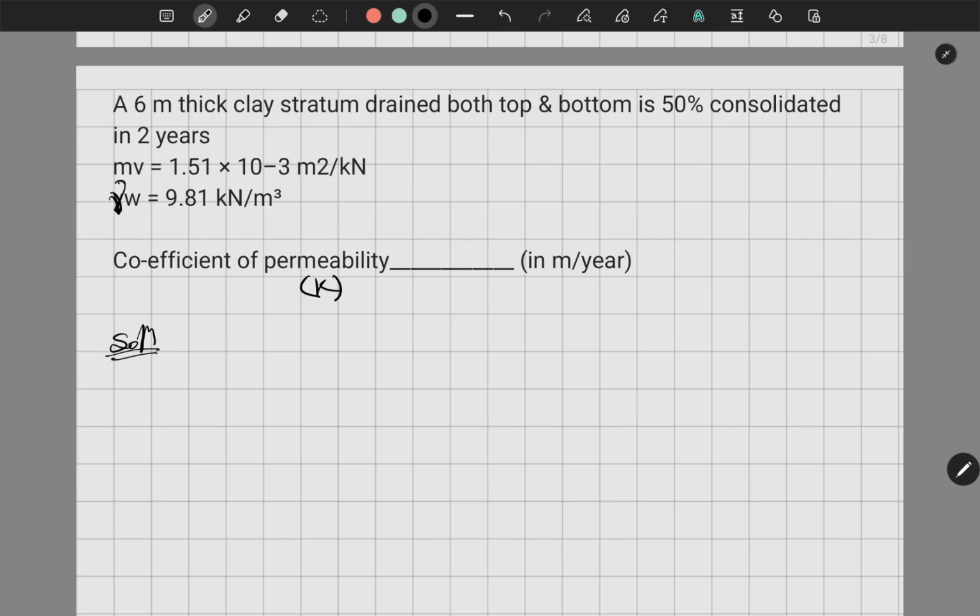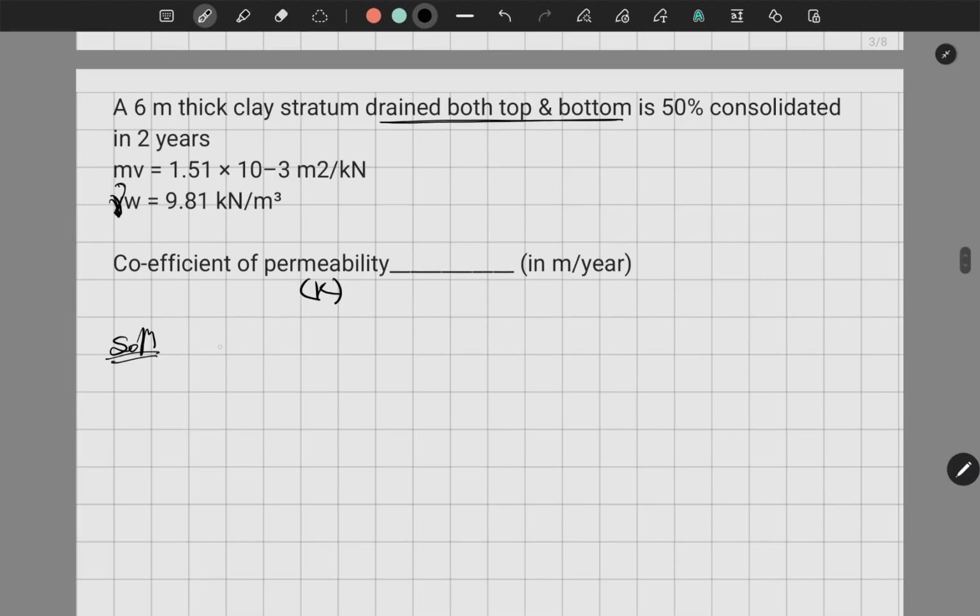Solution. What are the given data? This is a double drain condition. Both ways means double, so in that case D is equal to 6 meter.